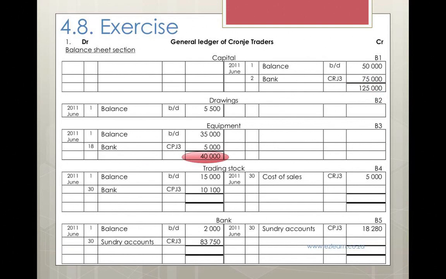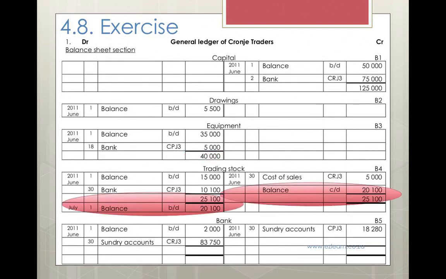Trading stock, on the other hand, has entries on both sides, so you will look and see which side is bigger. On your debit side, you have a total of 25,100, and on the credit side, 5,000. Obviously, the debit side is bigger, so that becomes your total of 25,100.